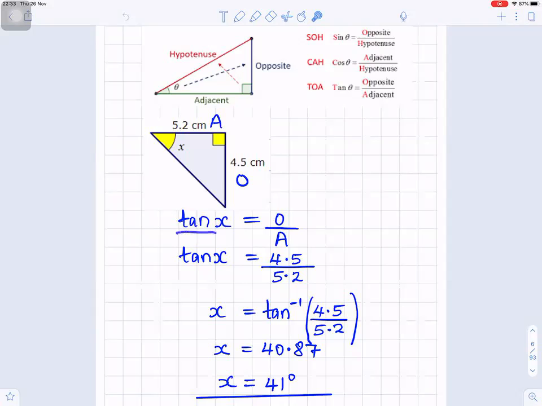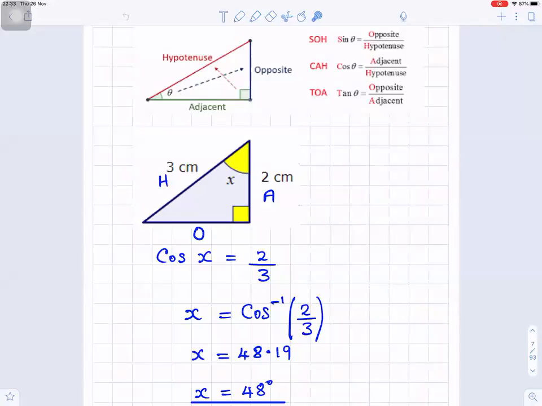So tan X is O divided by A. The opposite is 4.5, you sub that in, and A is 5.2, you sub that in. To get the angle, it is the inverse tangent of 4.5 divided by 5.2. Put that in the calculator. It gives you 40.87 degrees. And round that to the nearest whole number, that is 41 degrees.